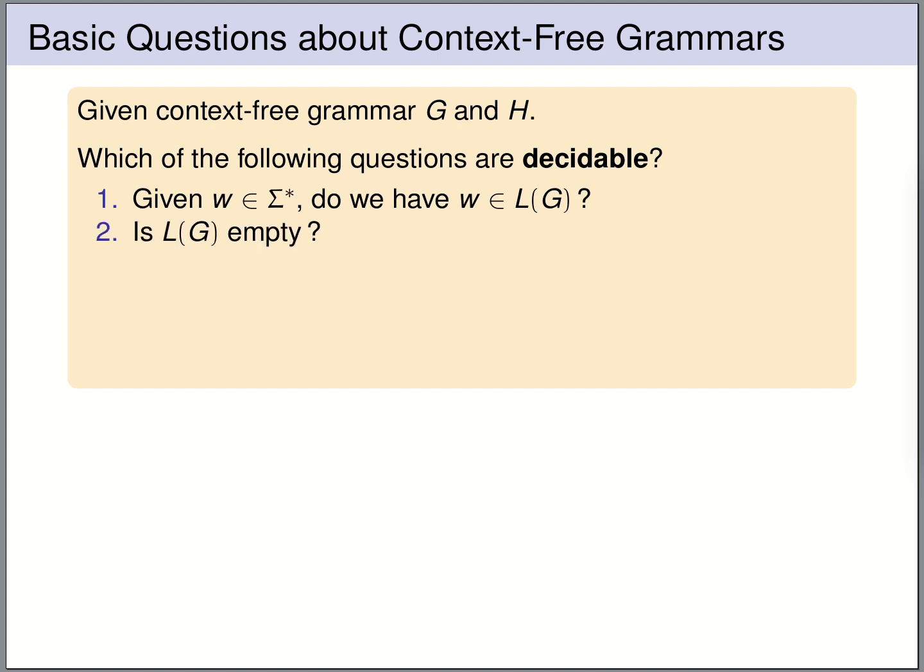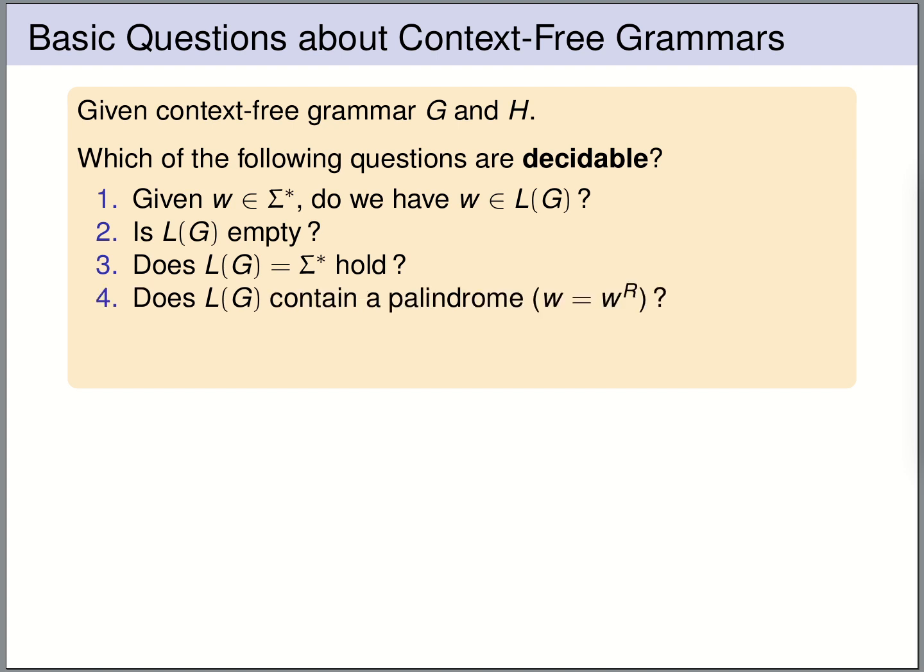Can we decide whether the language generated by a grammar is empty? Or whether the language generated by a grammar contains all words of the alphabet? Can we decide whether the language generated by a grammar contains a palindrome, so whether the grammar generates a palindrome?